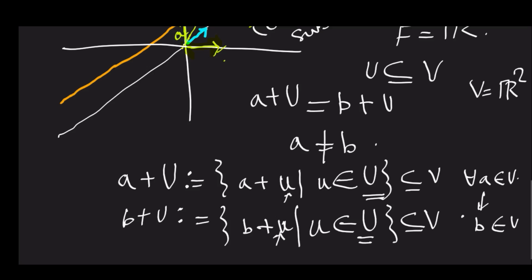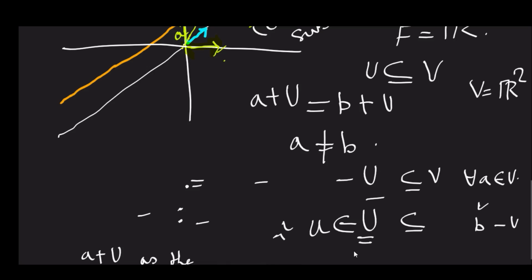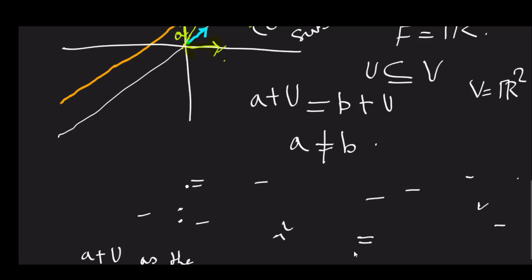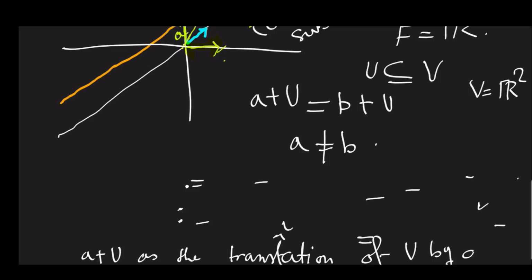Some people call this A plus U the translation of capital U by A. Some people call it the affine subspace of U.